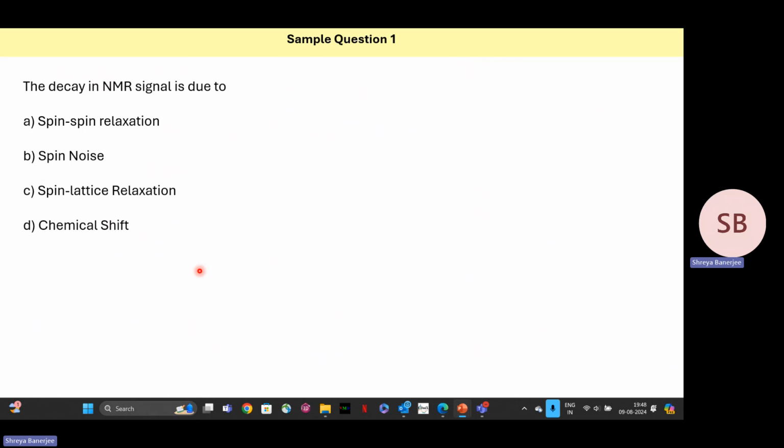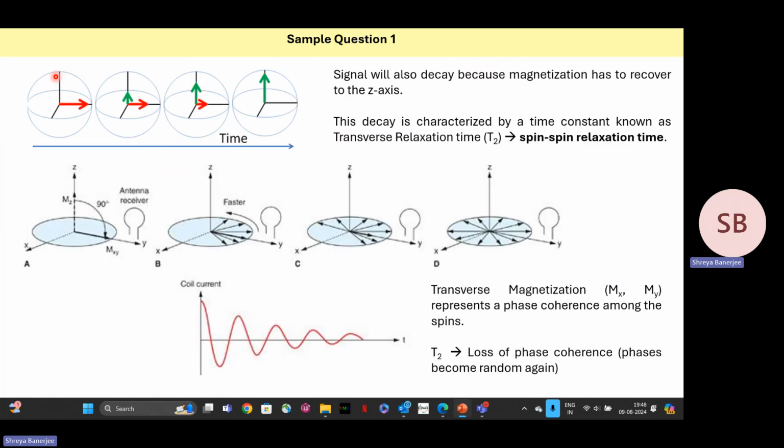The first question is asking, the decay in NMR signal is due to what? We have already seen that this decay is due to spin-spin relaxation, because when we apply the RF frequency, the magnetization is forced.